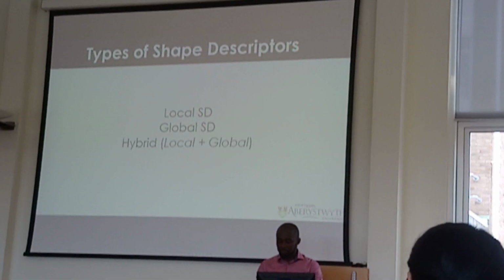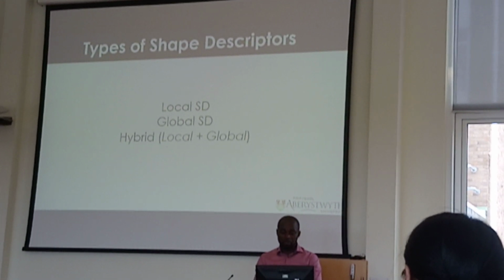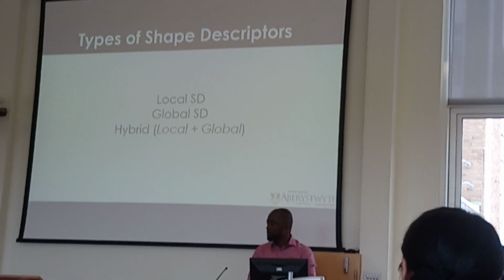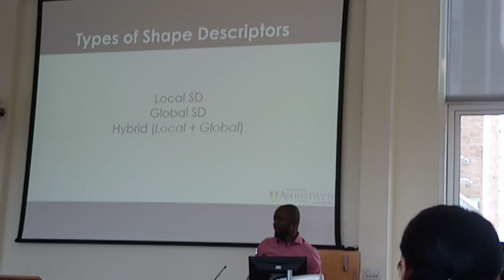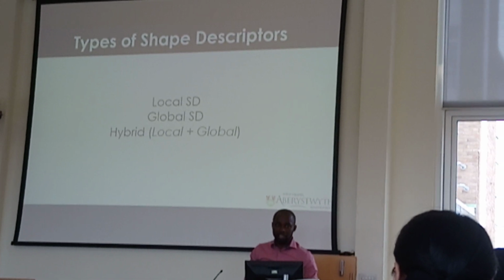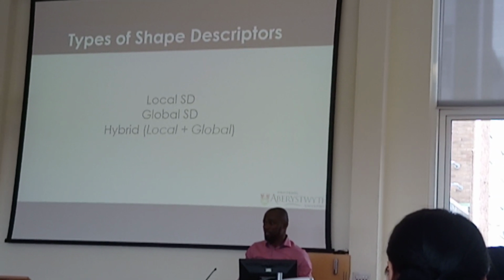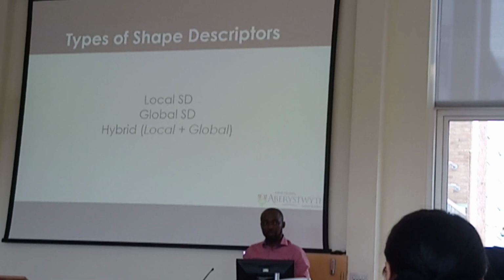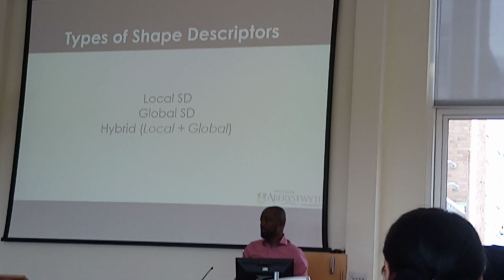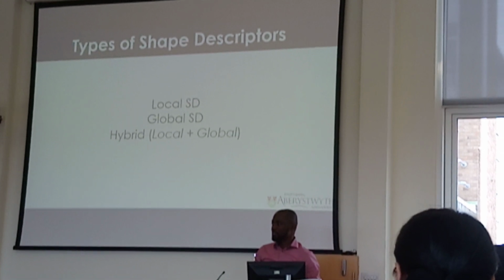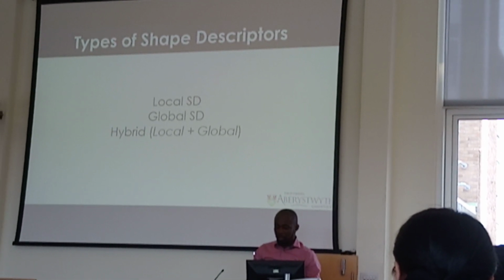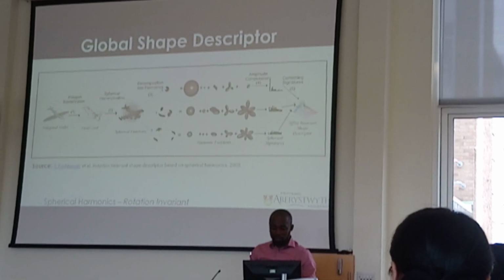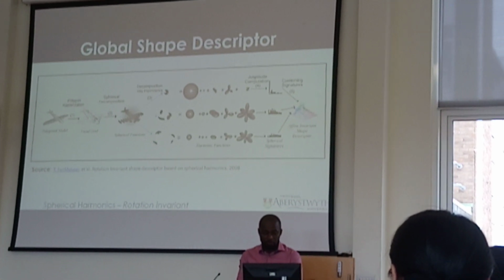However, in literature or from previous research, we have two basic classes of shape descriptors, the local and the global shape descriptors. A combination of local and global, or local versus local, or global versus global, gives us another type of shape descriptor known as the hybrid descriptor. We are going to play around with existing techniques and then come up with something novel.